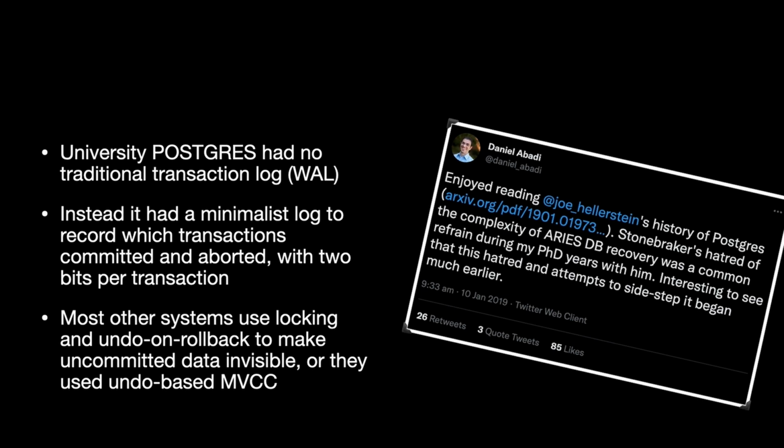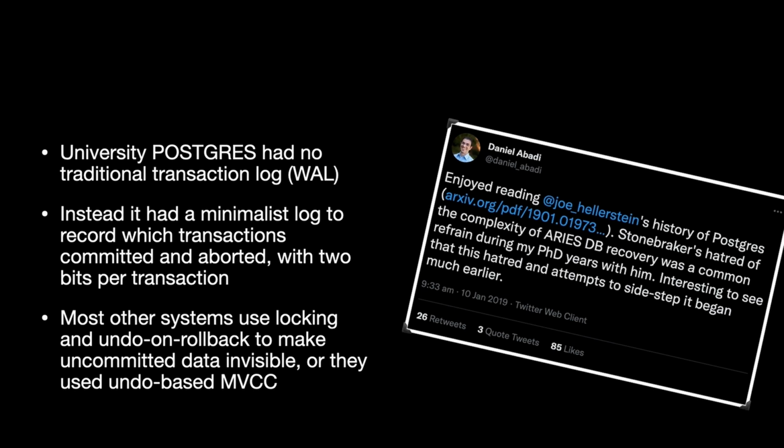And there's a long history, and many people have commented and written about how Dr. Stonebraker, who worked on the Postgres project at Berkeley, did not like the Aries recovery algorithm or systems like that that have a WAL and a complex set of rules for recovery, and experimented with a completely different approach.